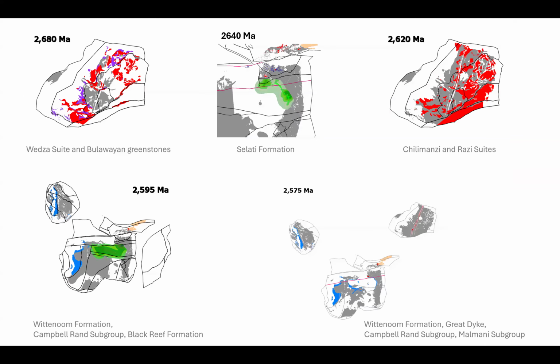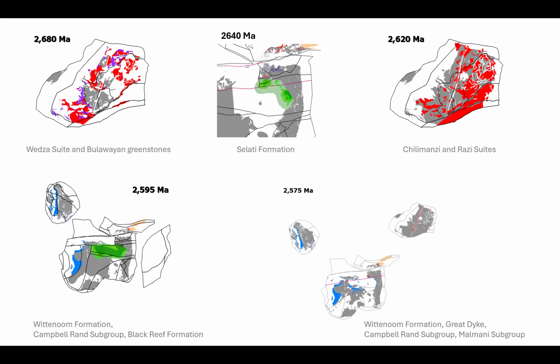So we need to deal with two major granite blooms in Zimbabwe. One for the Wedza Suite, shown here in the top left as a snapshot, and the other, the Chilimanzi and Razi. Razi is into the northern marginal zone of the Limpopo Belt, but effectively Razi and Chilimanzi are the same. It's just different structural levels, as has been described by a number of papers.